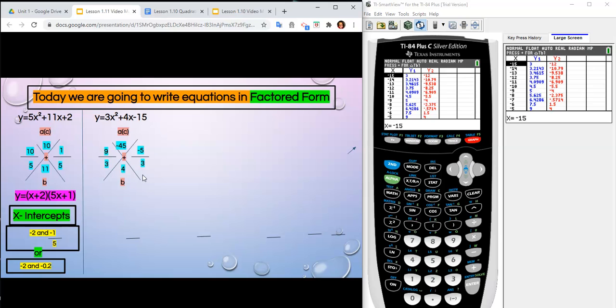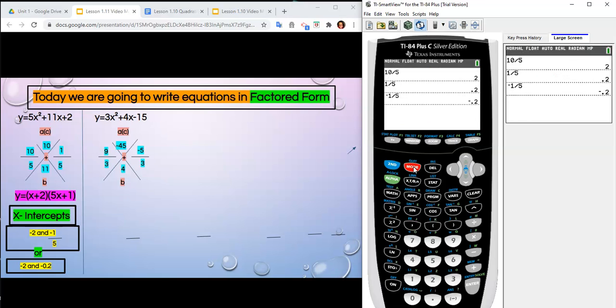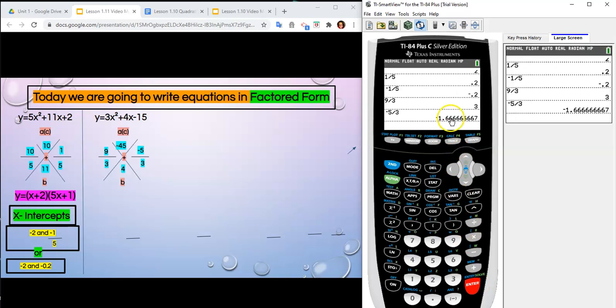So now we're going to try to simplify this. I can see that 9 divided by 3, I automatically know that's not a fraction. But in my calculator, if I'm not sure, I'm going to go over here and try it. So 9 divided by 3 is equal to 3. And then I'm going to put -5 divided by 3. That's equal to a decimal number.